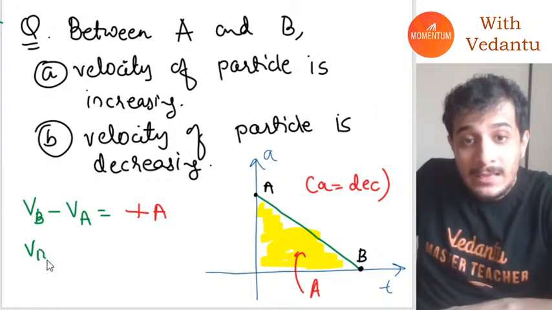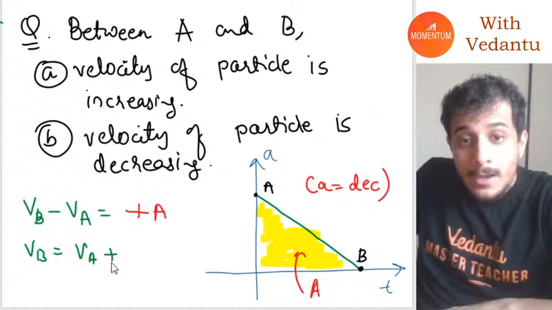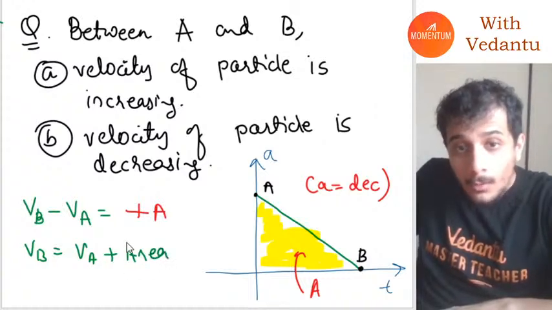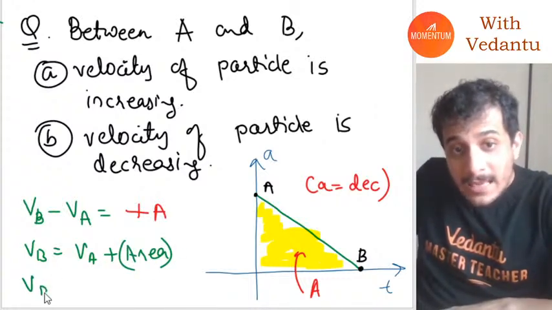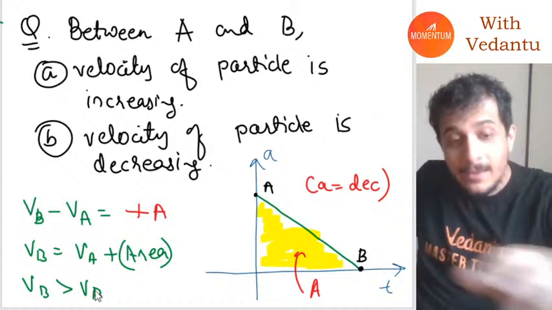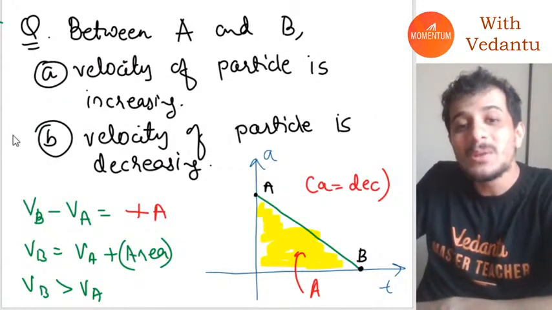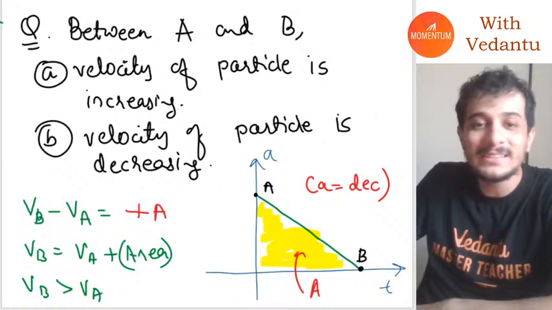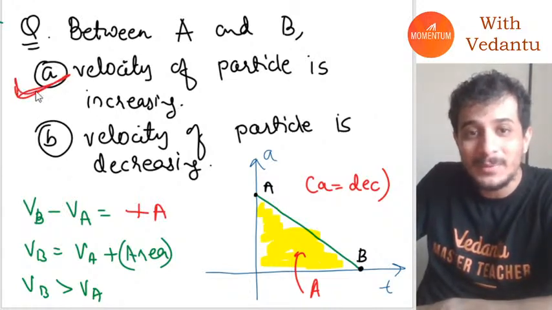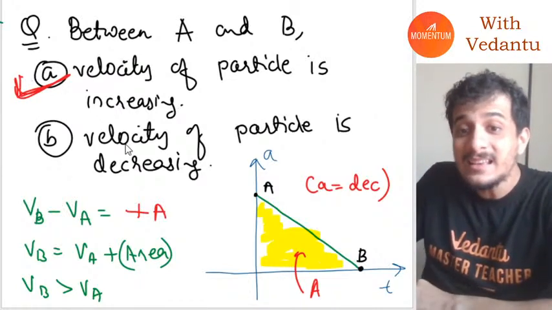Which means vb is equal to va plus the area, which means VB is bigger than VA. This is what you have to remember, guys. Velocity of the particle is not decreasing here. Velocity of the particle is increasing.